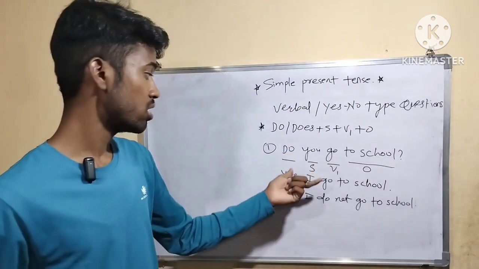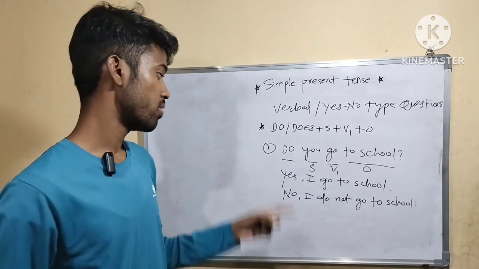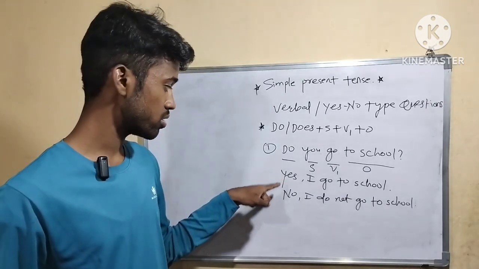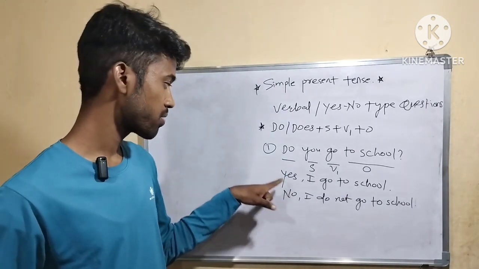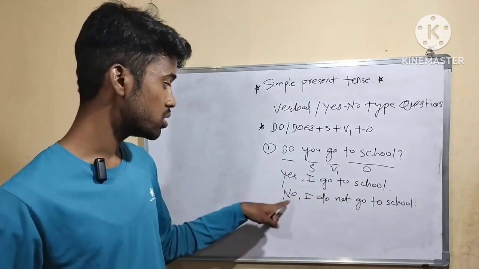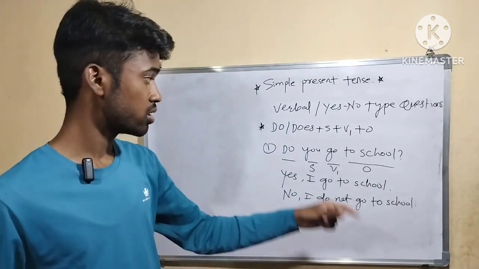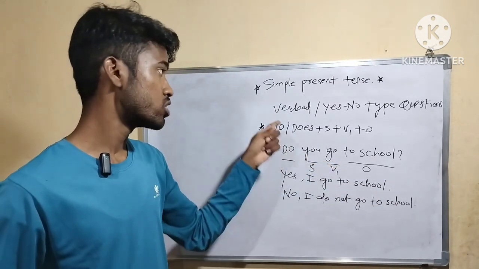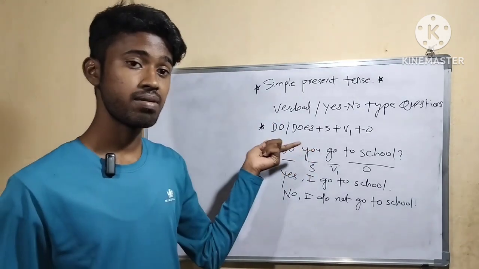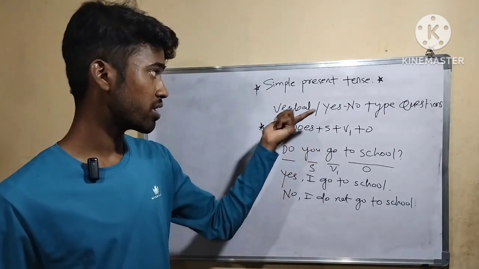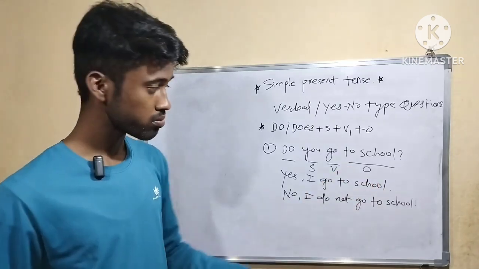Now this is the question and these are the two answers. One is the yes positive answer, one is a no negative answer. Yes, I go to school. No, I do not go to school. So we can say this is a verbal question or a yes no type question.